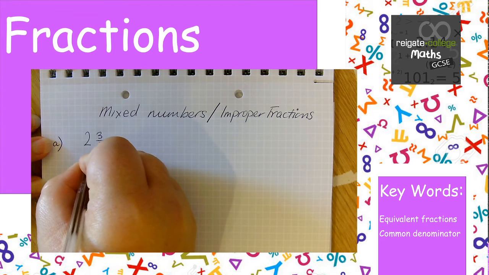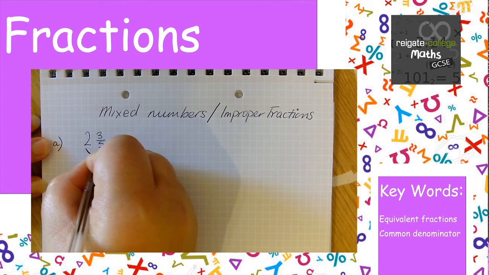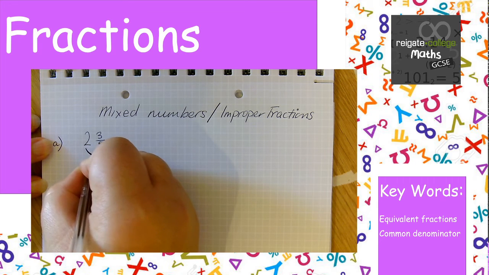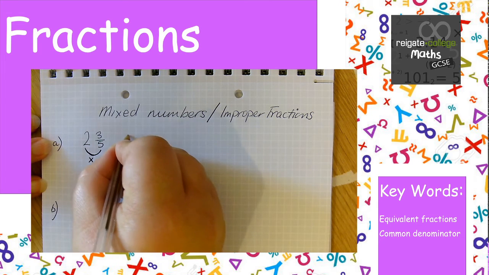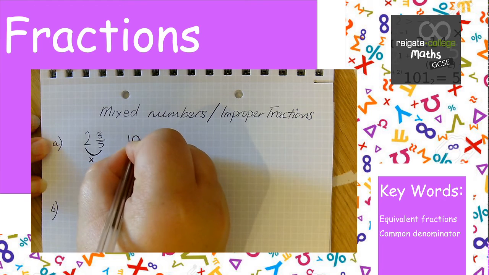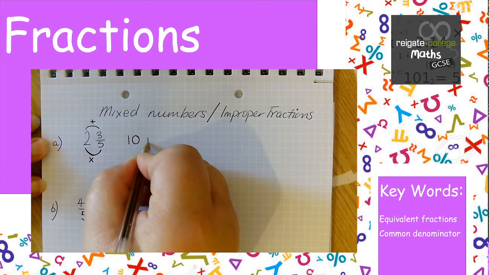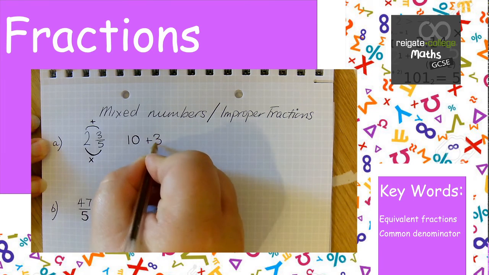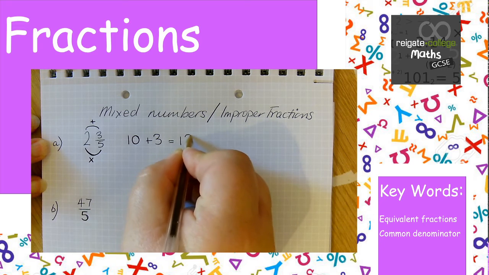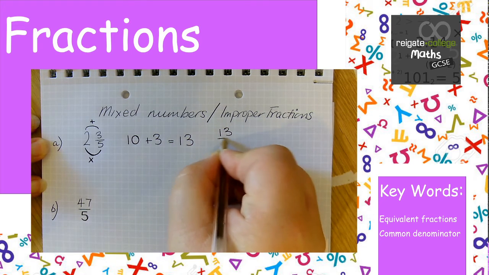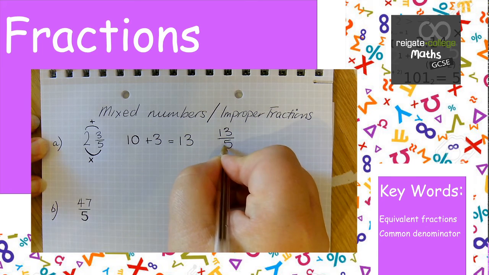I multiply my whole number by my denominator. 5 times 2 gives me 10. I then add in my numerator. 10 plus 3 gives me 13. I have 13 fifths.